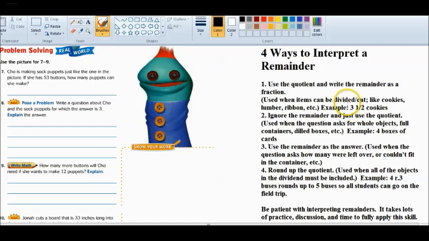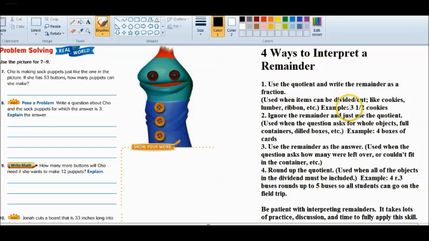It's used when items can be cut or divided, like cookies, lumber, ribbon, material, paper, anything that you can physically make smaller and it's still usable as a fractional part.